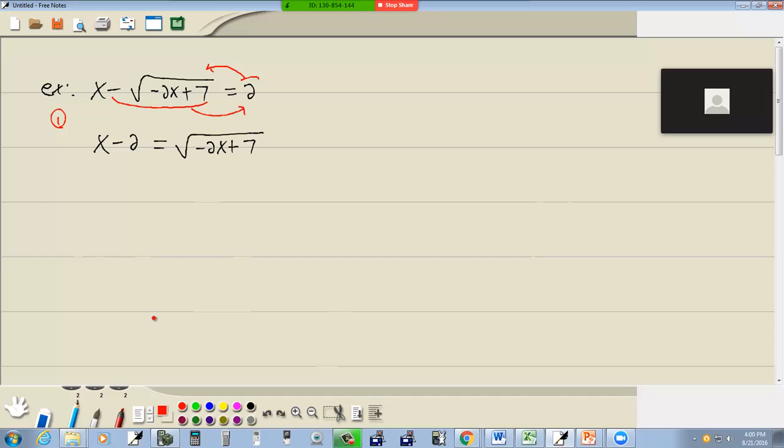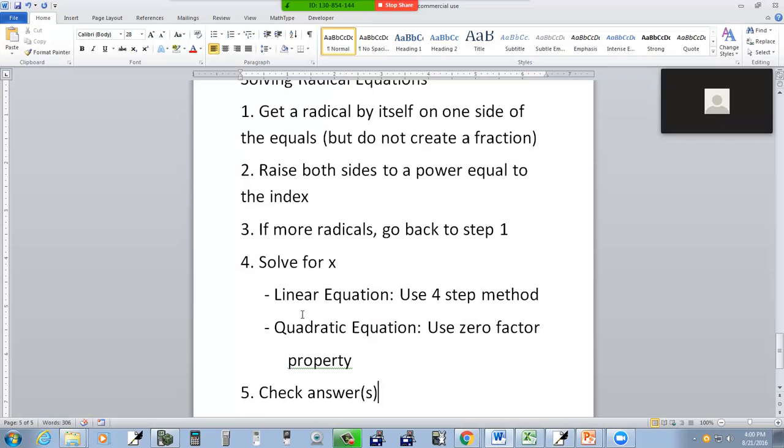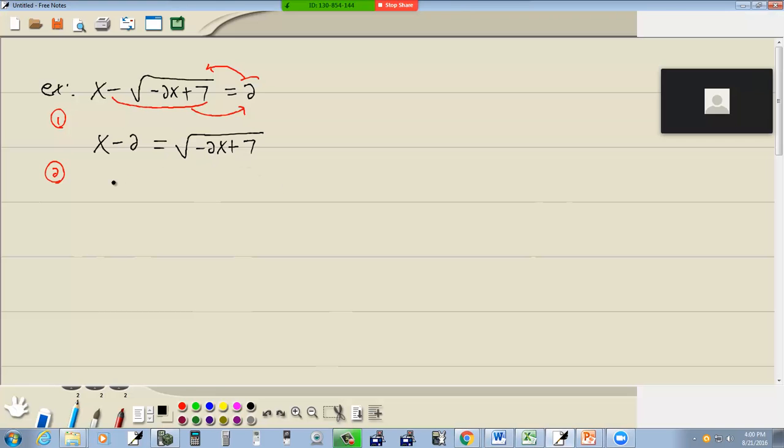Step 2. Raise both sides to a power equal to the index. Well, this is another square root, so we're going to square both sides. So we got x minus 2 squared is equal to the square root of negative 2x plus 7 squared.